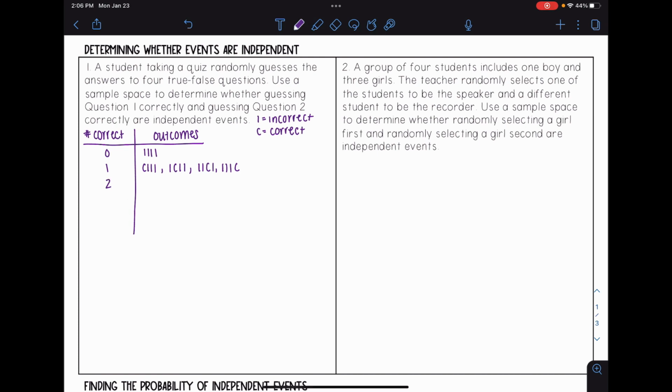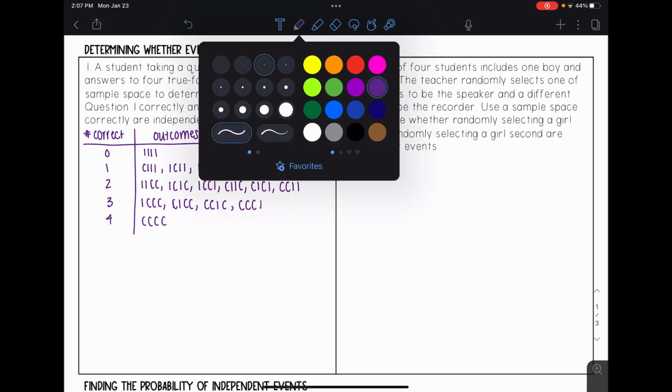And so those possibilities are this, I, C, C, C, and that. They could get 3 correct, so that means the first could be incorrect, the second, third, fourth, or they could get all 4 correct.